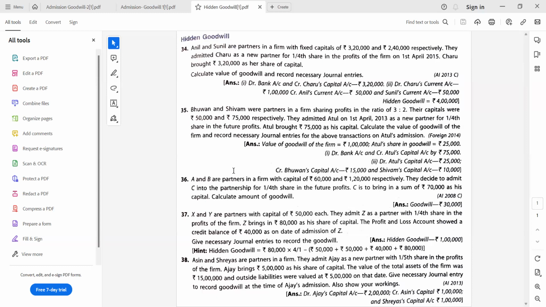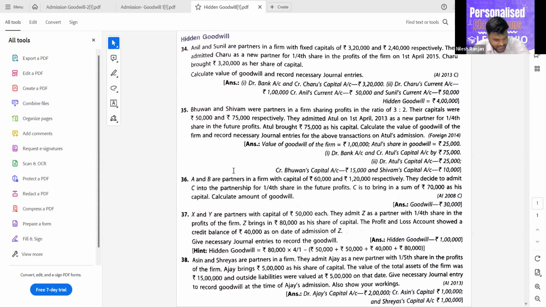So it will be Z's capital account debit to Y's capital account and X's capital account. How much? So 1 lakh, the goodwill. It will be 1 lakh debit to X 50,000 and Y 50,000.